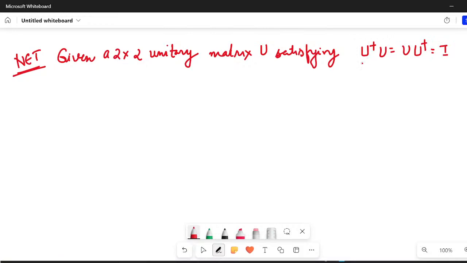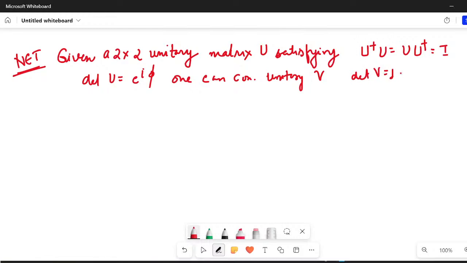Even if they have not supplied it to us, that was fine, with determinant that they have given to us equal to e to the power iota 5. One can construct a unitary matrix V with determinant V equal to 1 from it by, option number A, multiplying U by e to the power minus iota 5 upon 2.